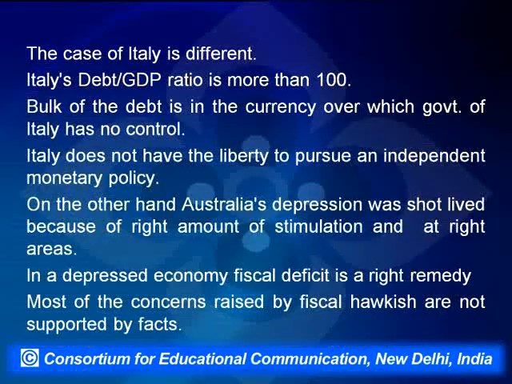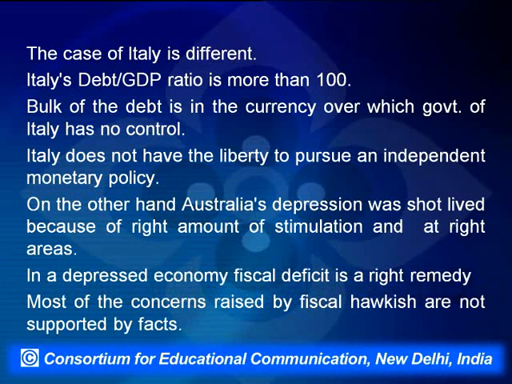in America. Now the problem in Italy is slightly different. Though Italy's debt-GDP ratio is far less than the Japanese debt-GDP ratio, there the debt is in a currency over which the Italian government does not have any control. The debt is either in dollar or in euro, and the euro is not controlled by Italy.